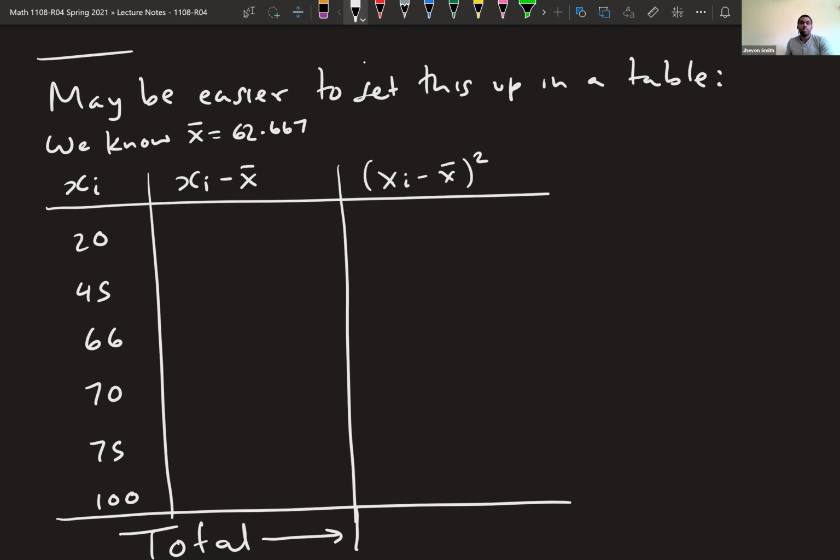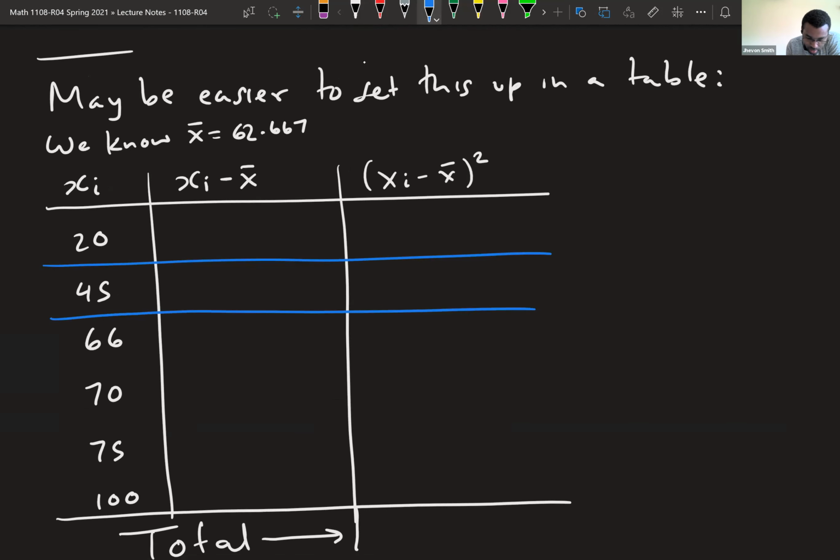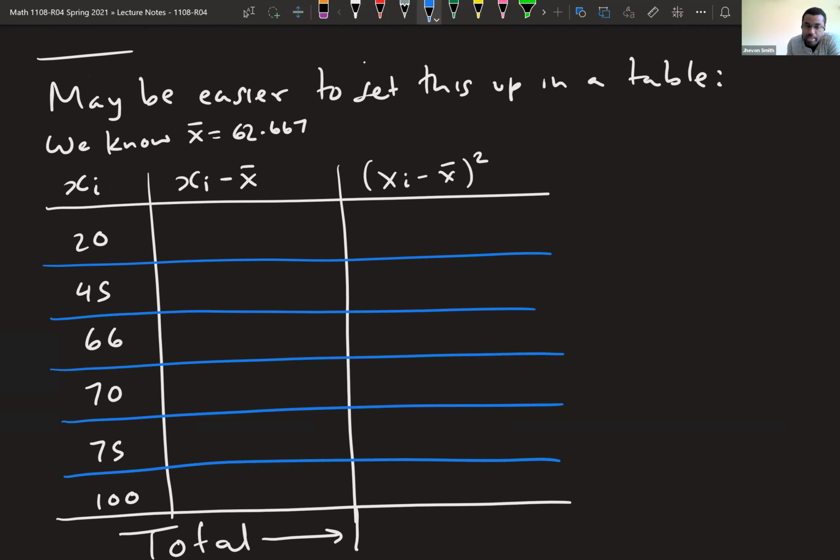So we're going to subtract: take 20 minus that, 45 minus that, 66 minus that, 70 minus that, 75 minus that, 100 minus that, right? So here you would end up with minus 42.667. Here you'd end up with minus 17.667.